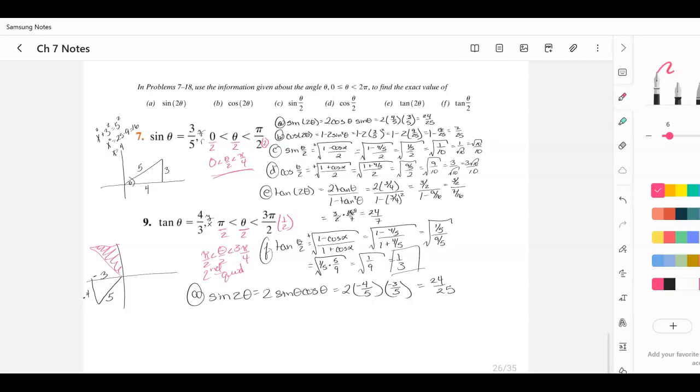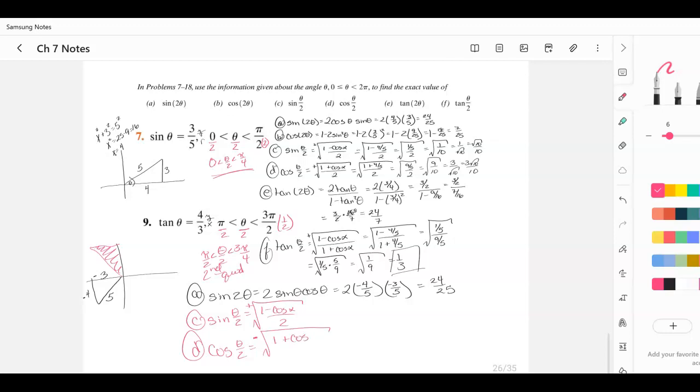So if I wanted to find the solution for part C, sine of theta/2, I'm using my formula. I know this is going to be in the second quadrant, so I'm going to use the positive of it. But if I wanted to find the answer to D, which is cosine of theta/2, cosine is negative in the second quadrant, so I have to use the negative of the formula.